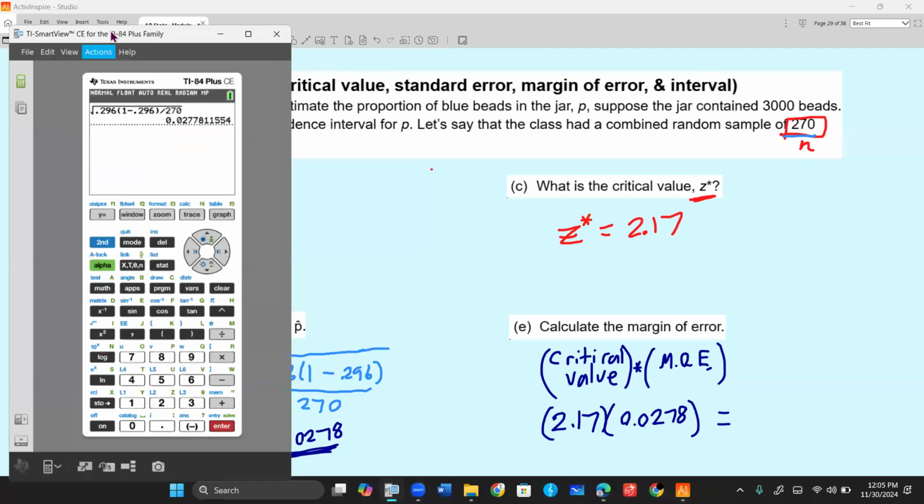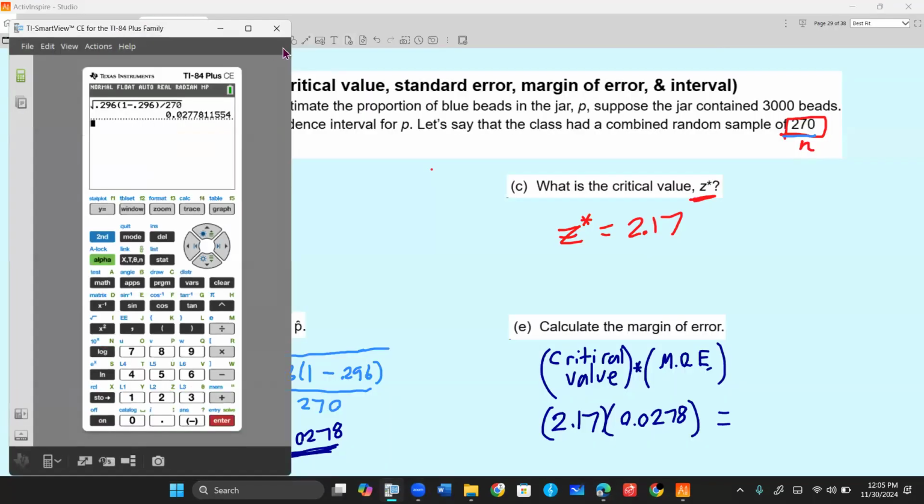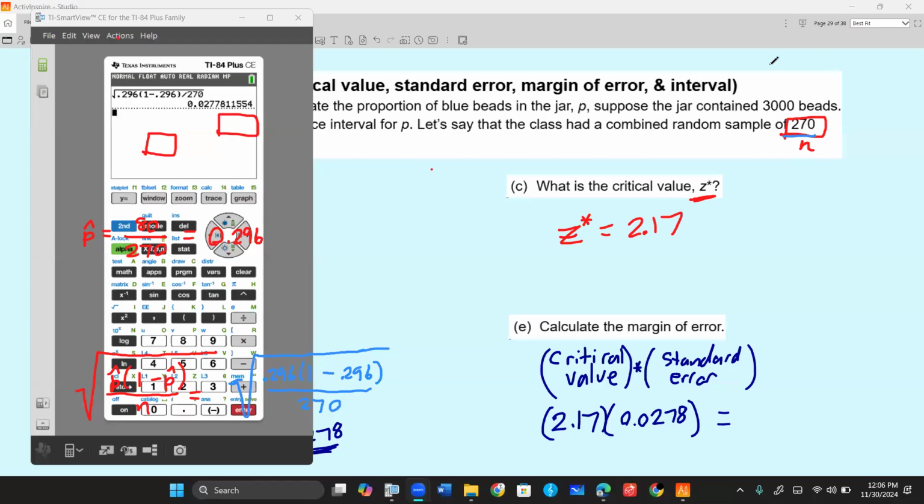For the last part, we're going to calculate the margin of error. That's just a combination of multiplying your critical value times your standard error. So critical value times your standard error. We'll fix that. I wrote critical value times MOE, margin of error, but it's actually what we're calculating. So critical value times standard error. Since we have our critical value, 2.17, we can multiply it by our standard error.